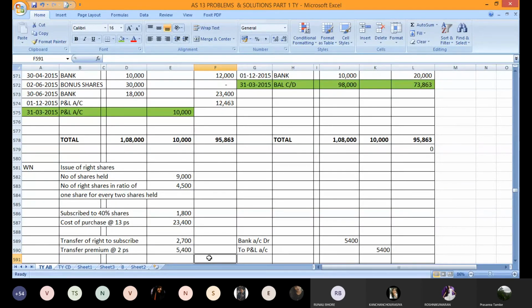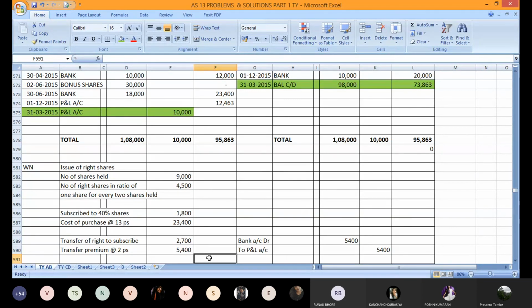This 5,400 rupees, which he received for the transfer of eligibility, becomes other income for him. Because this is not a sale of shares. This is a sale of right entitlements or eligibility. So this 5,400 he received will be transferred directly to the P&L account as other income. And when he receives this, you will pass the entry: bank account debit to profit and loss account.